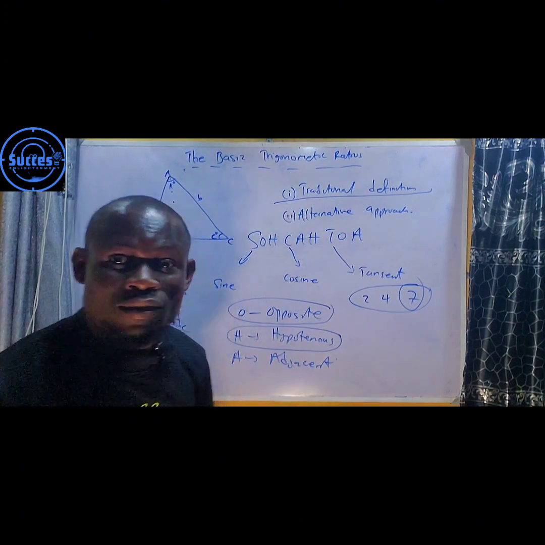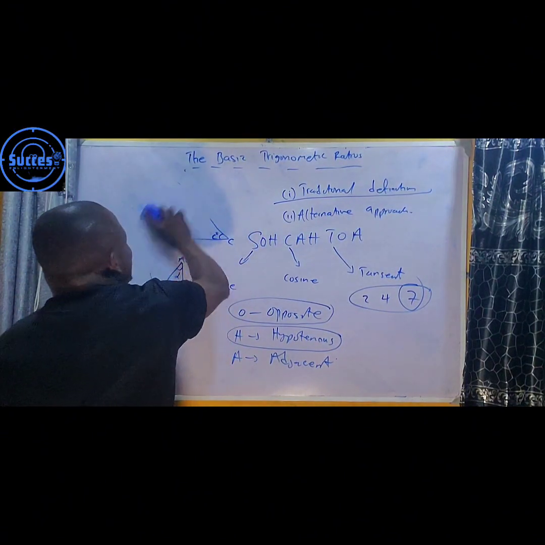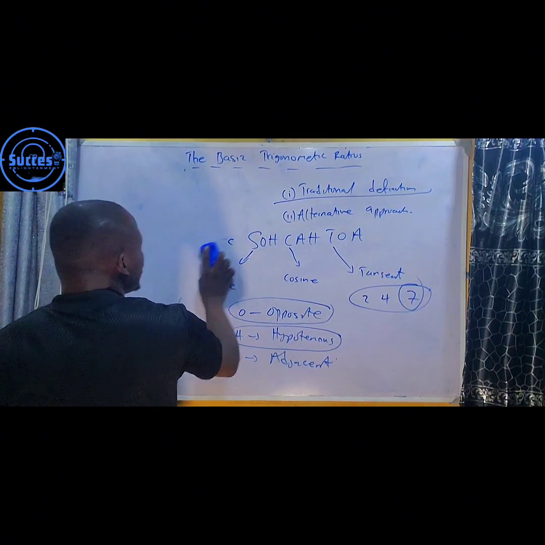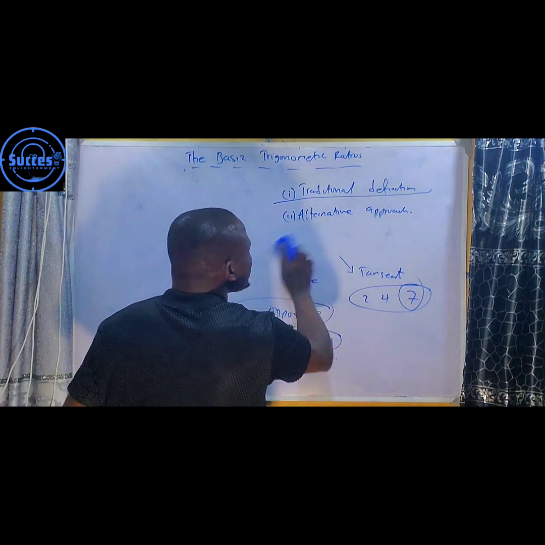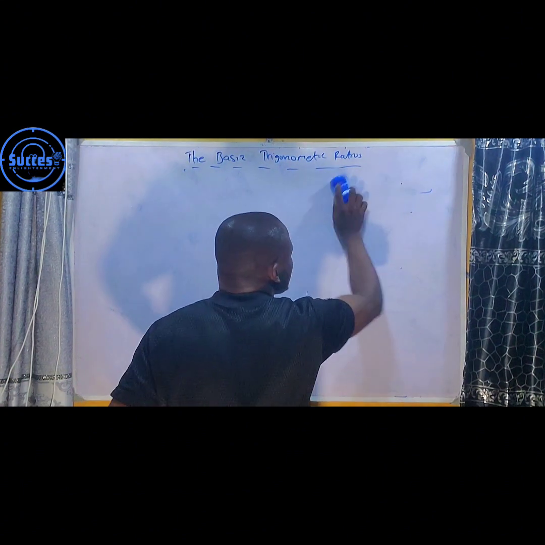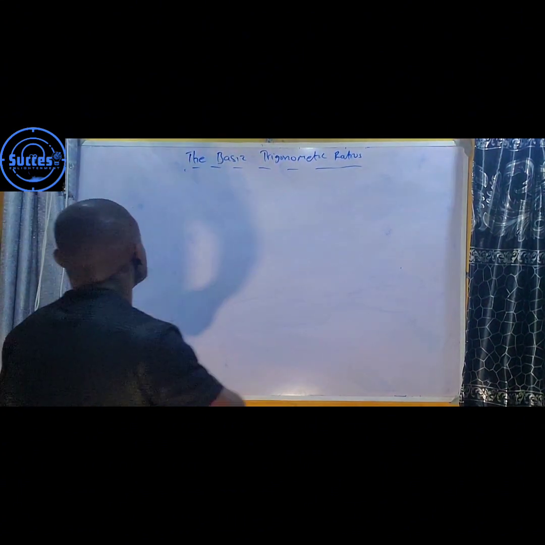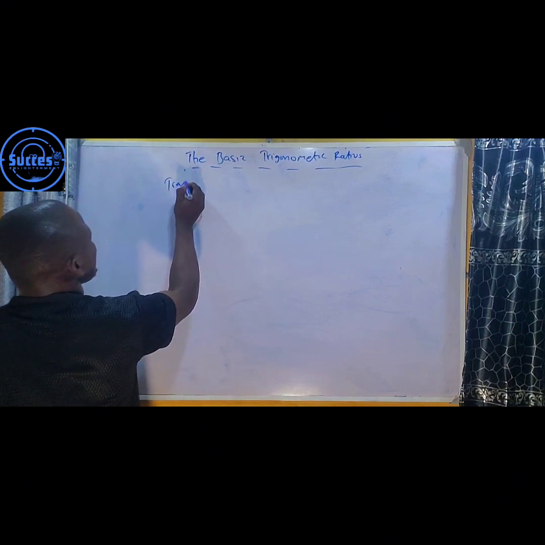You don't get it? Alright, fine. Let me take it one after the other. Let me make it more simplified and we get it once and for all. Don't forget what we are dealing with: basic trigonometric ratio, and we're focusing on the traditional definition.